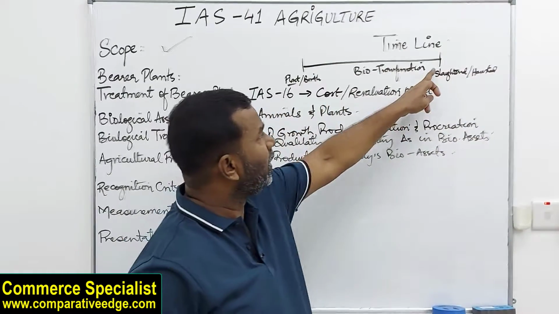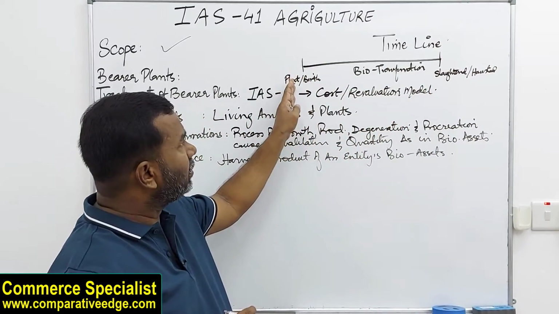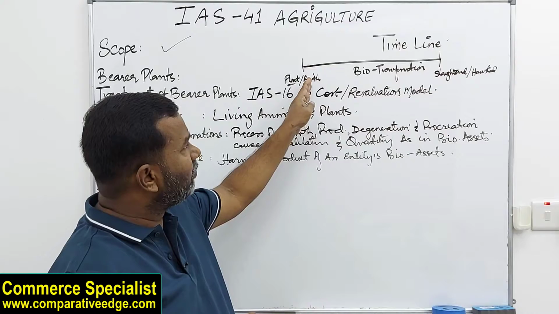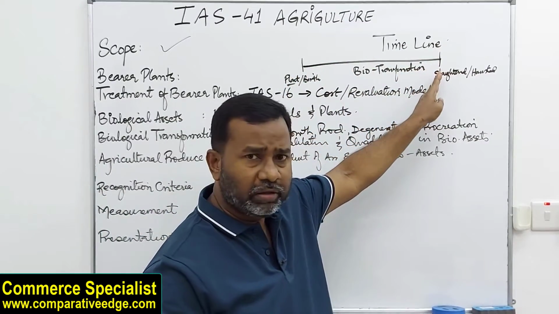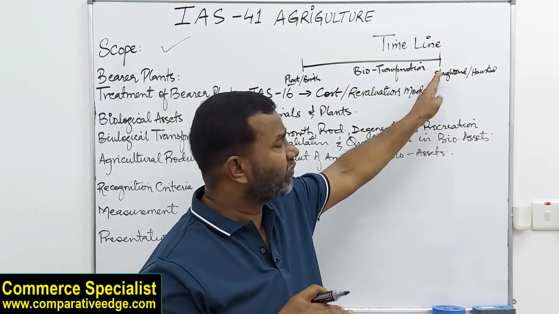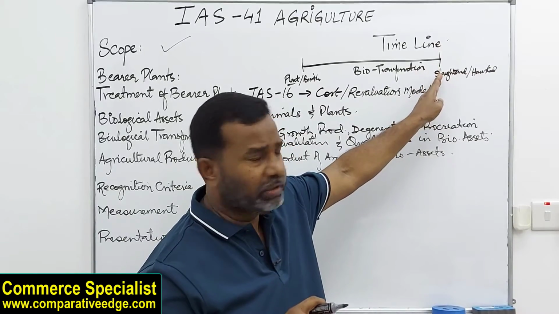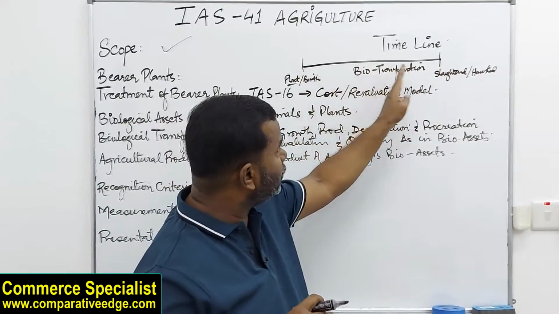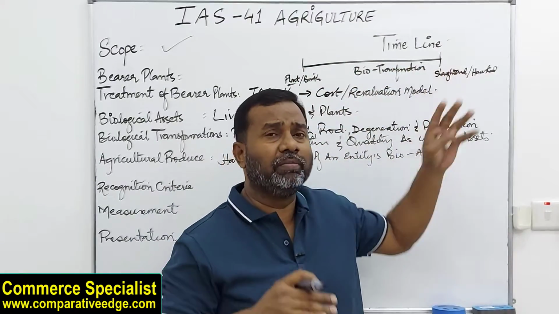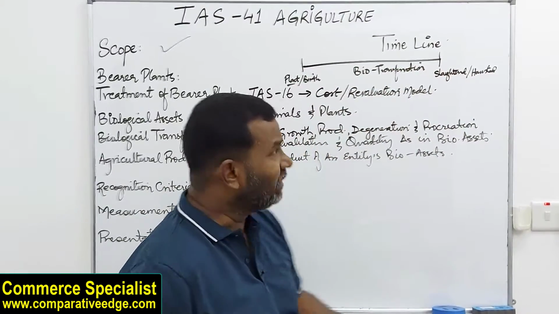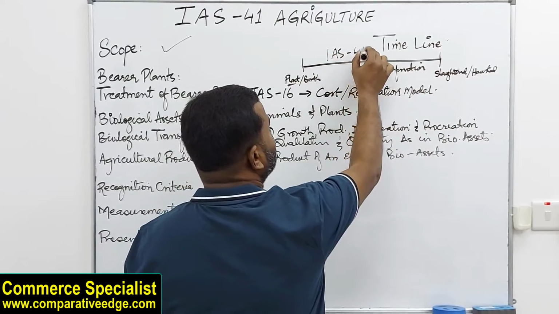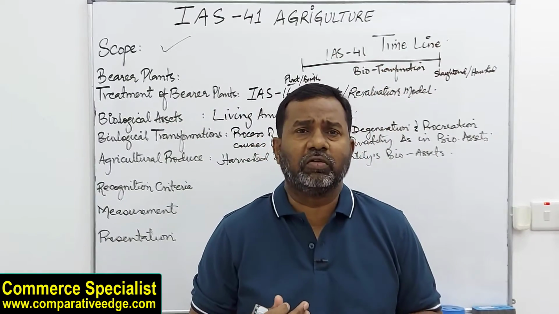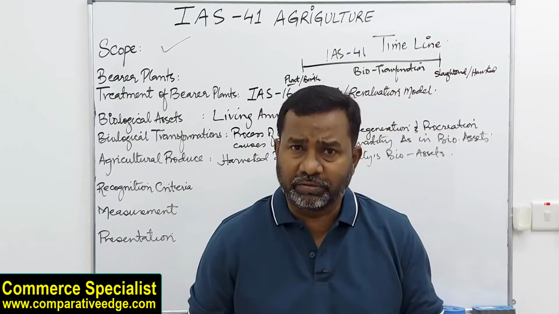So from planting, or an animal giving birth, right up till they become big, if it's a plant it is harvested, and if it is an animal it is slaughtered. All this time is called biological transformation, and that is covered under IAS 41. Let's say my business is buying and selling of mutton.